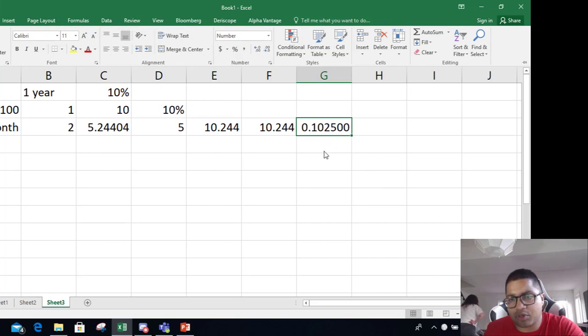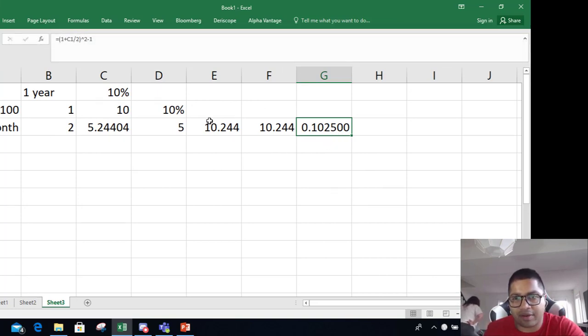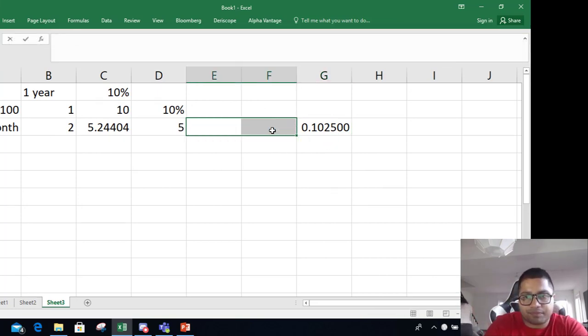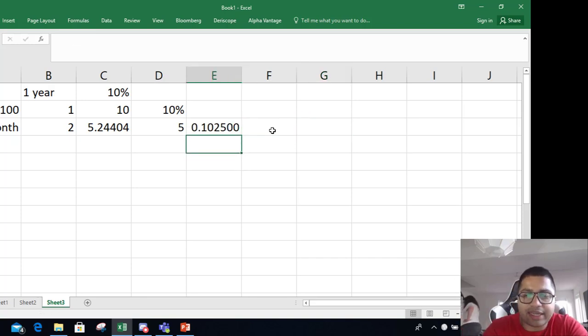If you expect 10.25, close to this. So if you do that for quarterly, it will be 1 plus the stated rate, 10%. There are 4 quarters in a year, so you're going to be paid 4 times a year, to the power 4 minus 1. So it is 10.38%.